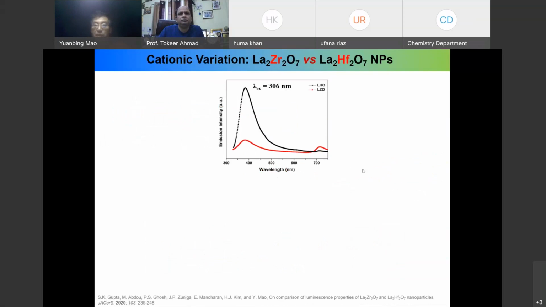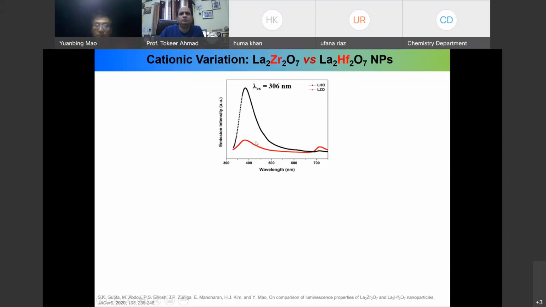The other thing is I want to look into the composition. Here I'm showing the neodymium zirconate and the neodymium hafnate. Here is the luminescence spectrum we took from these two samples. The black one is neodymium hafnate, and the red one is neodymium zirconate.